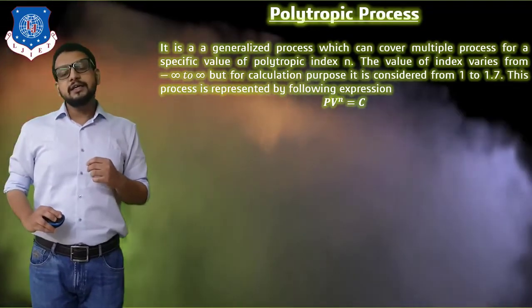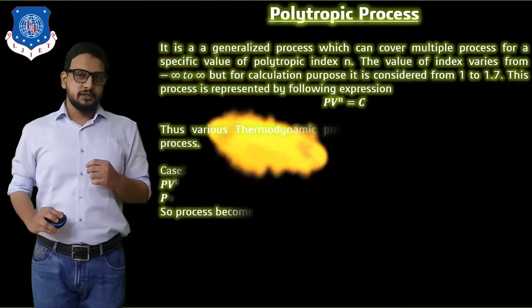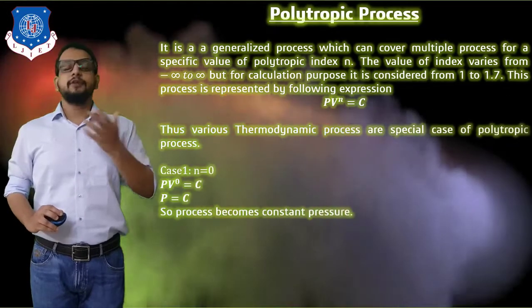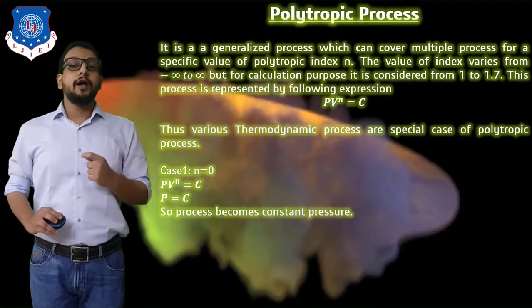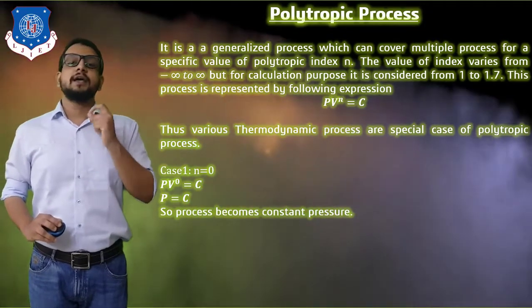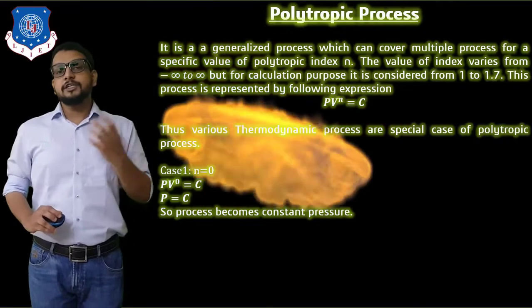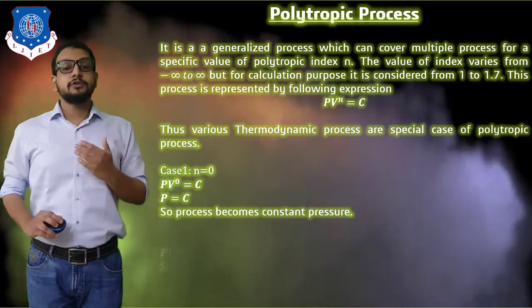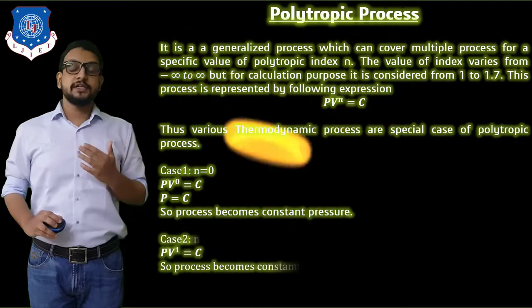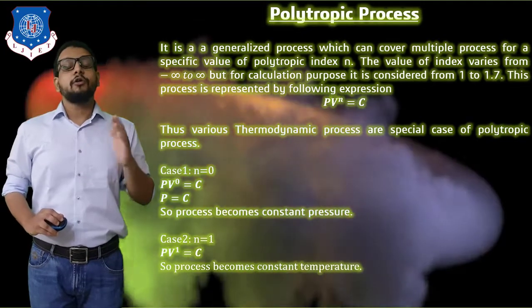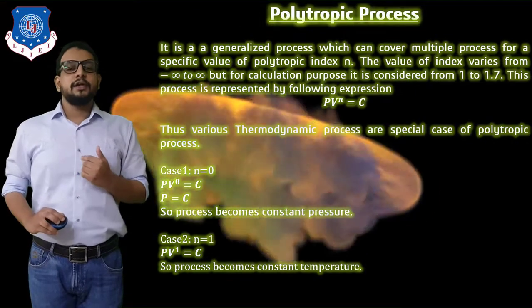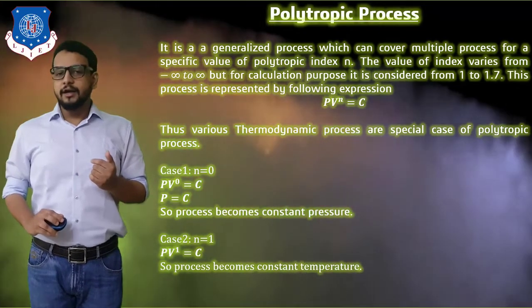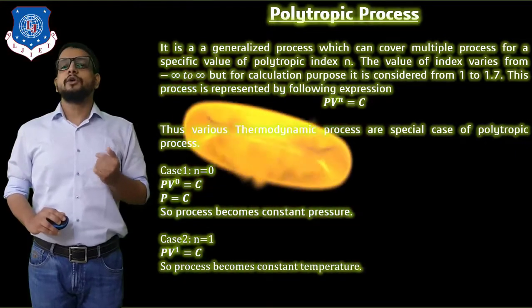Now how can we say that this is a generalized process? How can it cover all the previous processes? By placing a specific value of polytropic index n, we can obtain various processes such as constant pressure process, constant temperature process, adiabatic process and constant volume process. So let's see how we can achieve that. In case 1, you can see that I have taken polytropic index n is equal to 0.